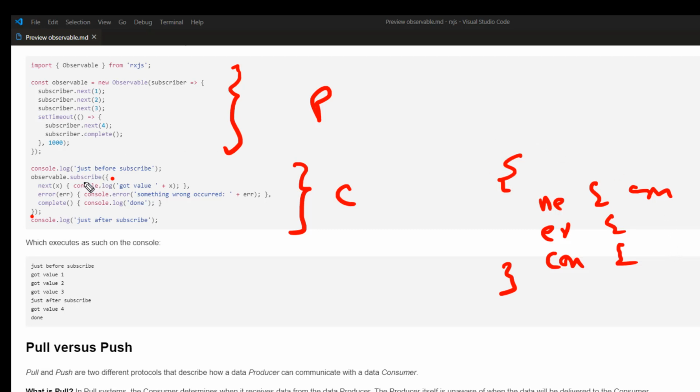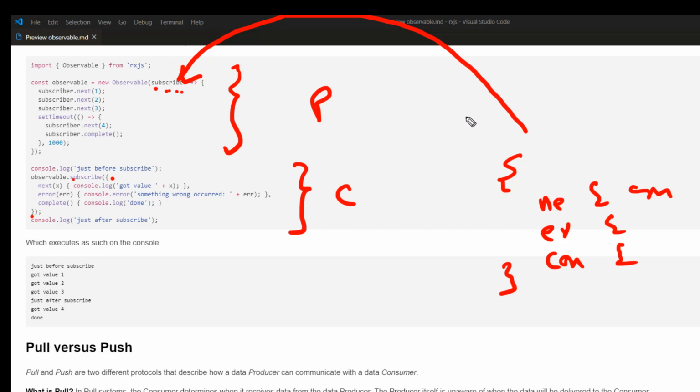We are passing it to a function called subscribe. So once the consumer passes it, as we discussed in the story as well, the consumer is now passing the functions, and the way the producer receives those functions is in the form of this object. Right now it's the subscriber. Now we know that in between there are some magical things happening.